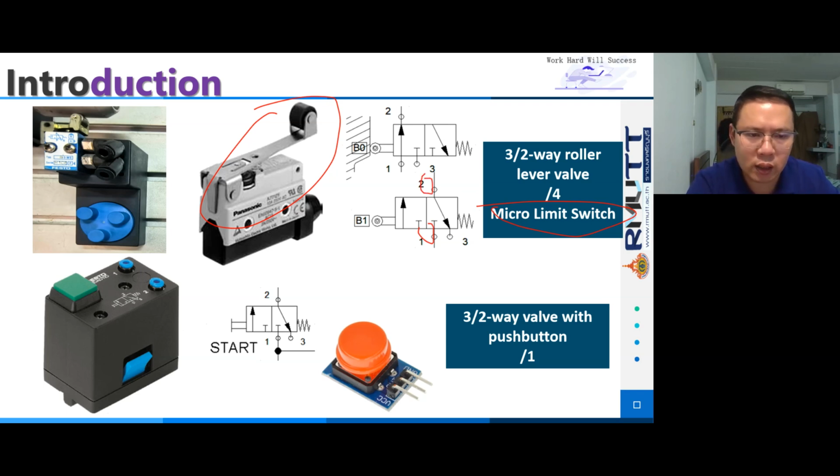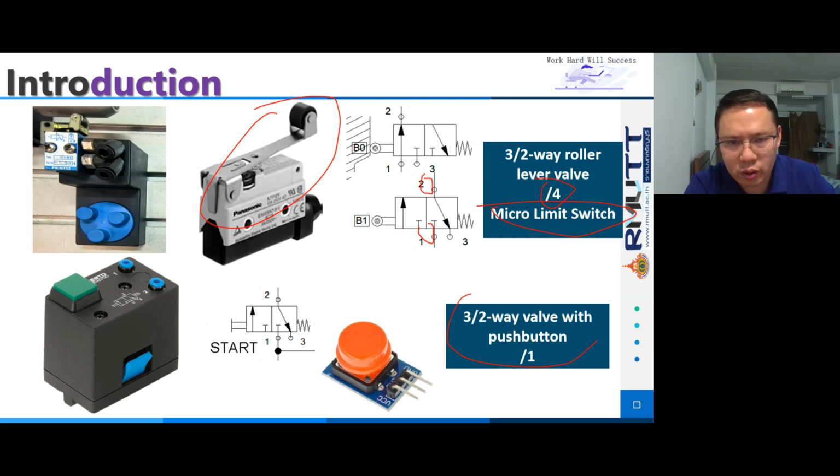After releasing the lever, the valve returns to the initial position through the return spring. In this task, we can use 4 limit switches. Two switches are on cylinder A, and two are on cylinder B.